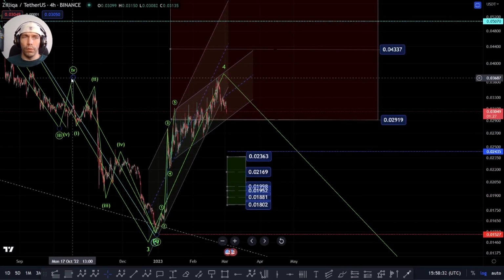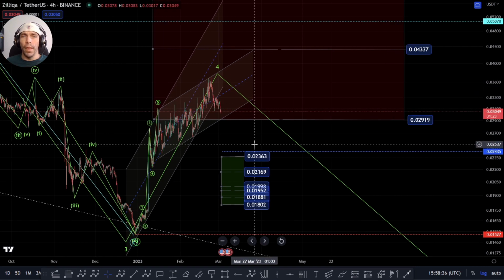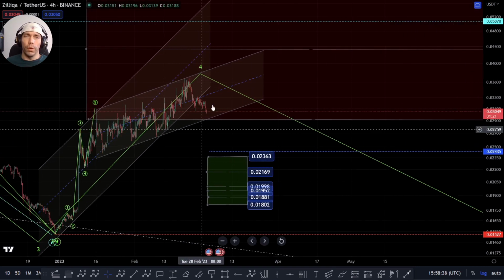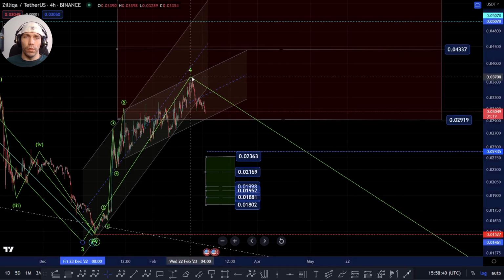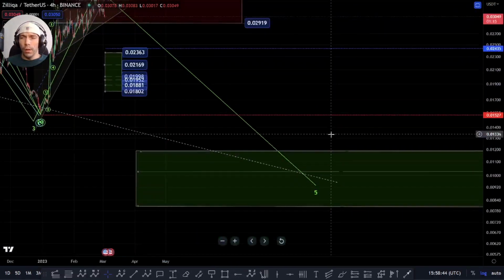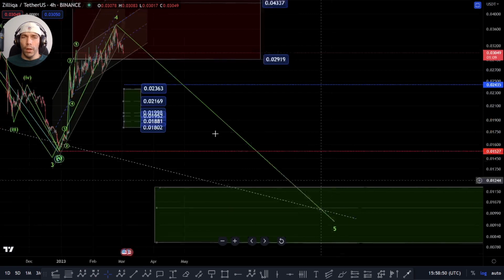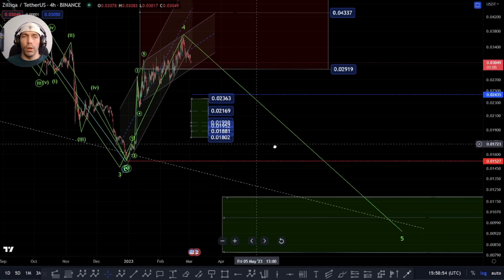We've moved up into what we've had marked as a previous fourth wave within the structure over here. What we're looking for is to see whether we start to develop impulsive movements to the downside. If we do, potential target zone for this would be this 1183 to this 00806. So keep an eye on this if we do start to break and we lose this low of this 1527.